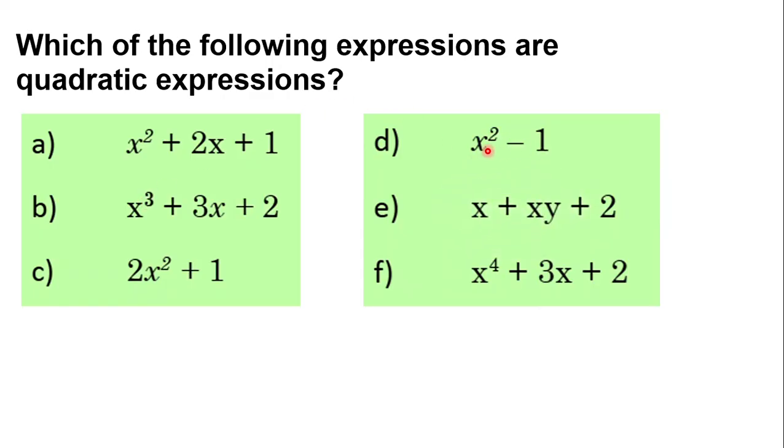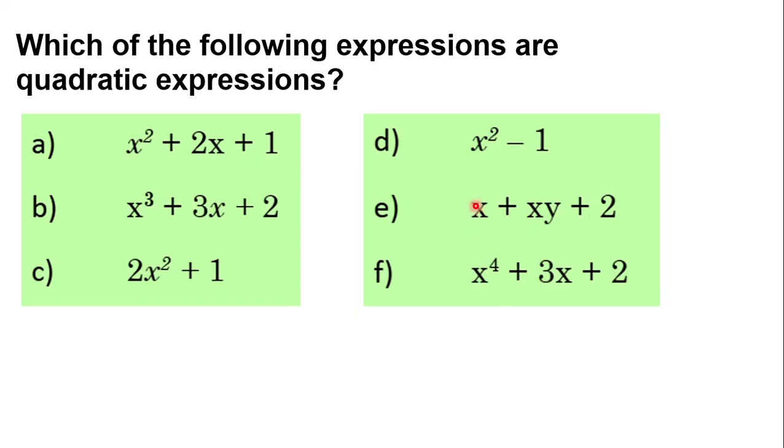What about this one here? x squared minus 1. The highest power of the unknown, in this case the highest power of x, is a 2. Therefore, it's quadratic. But if you look at this one here, this is x plus xy plus 2.